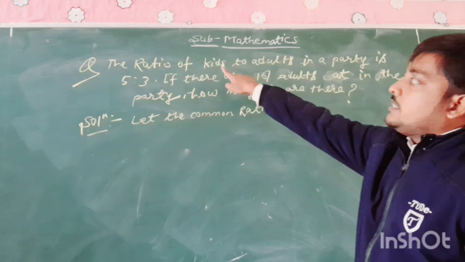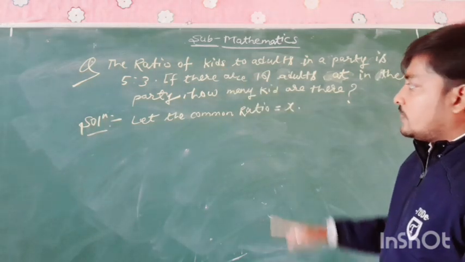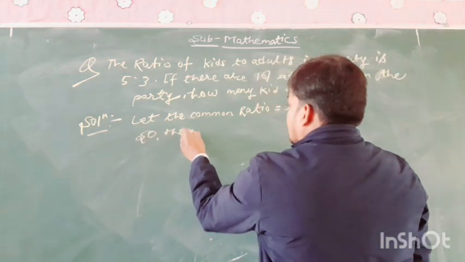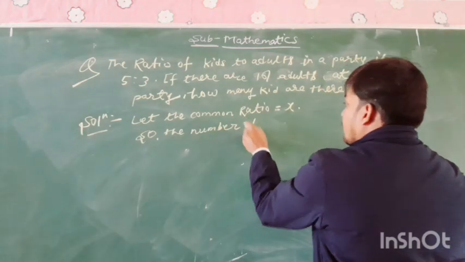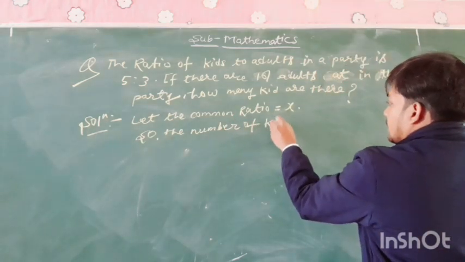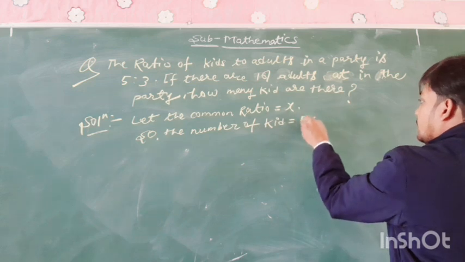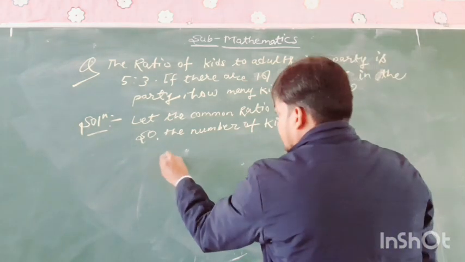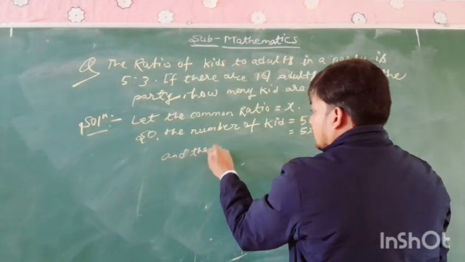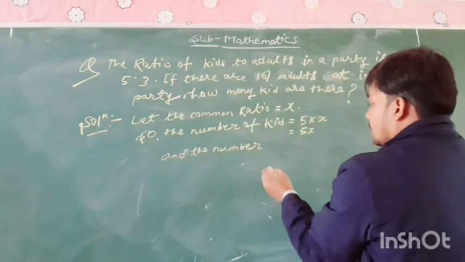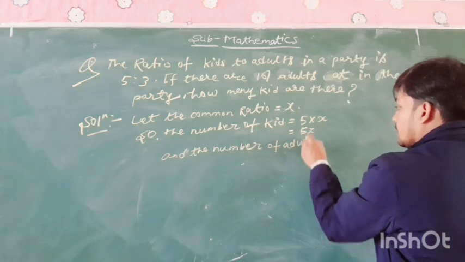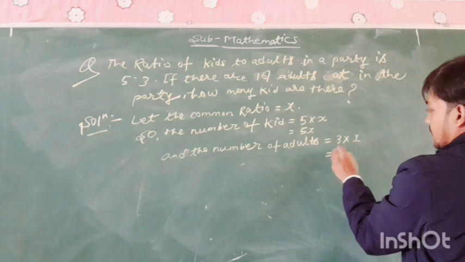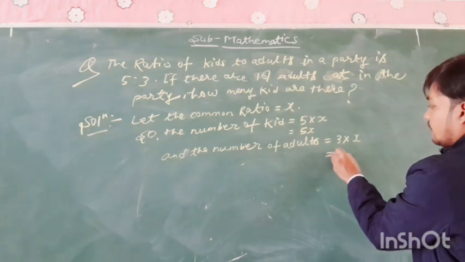Then the number of kids is equal to 5 into x, which is 5x, and the number of adults is equal to 3 into the common ratio x, and the product of 3 and x is 3x.